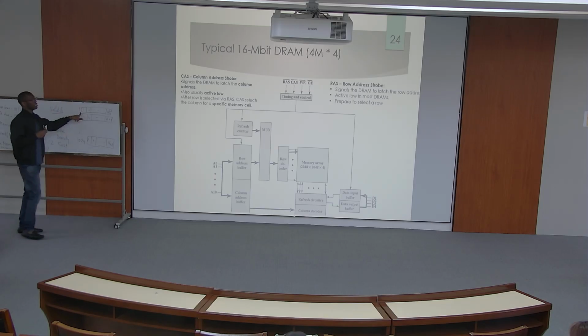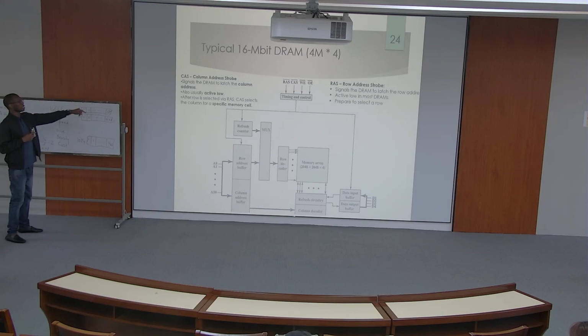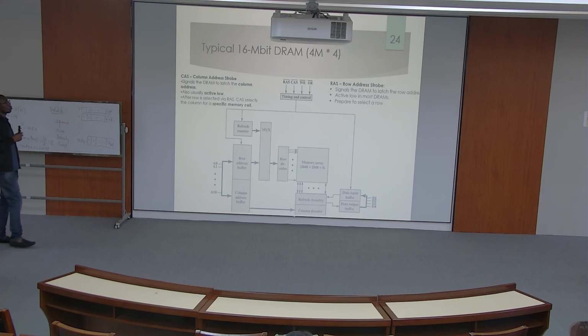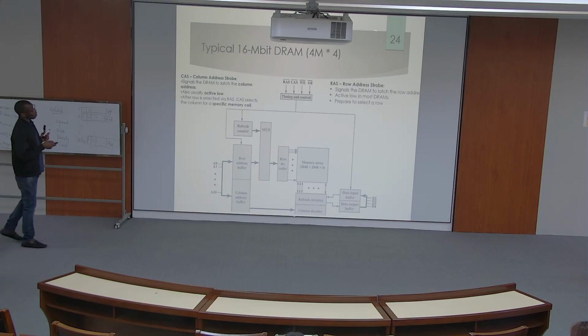We have the column address strobe and the row address strobe. The column address strobe is a signal to the DRAM to latch the column address, and the row address strobe is a signal to the DRAM to latch the row address for the memory. Then we have timing and control signals. So this 16 megabyte DRAM has 4 million words, and each one has 4 bits.